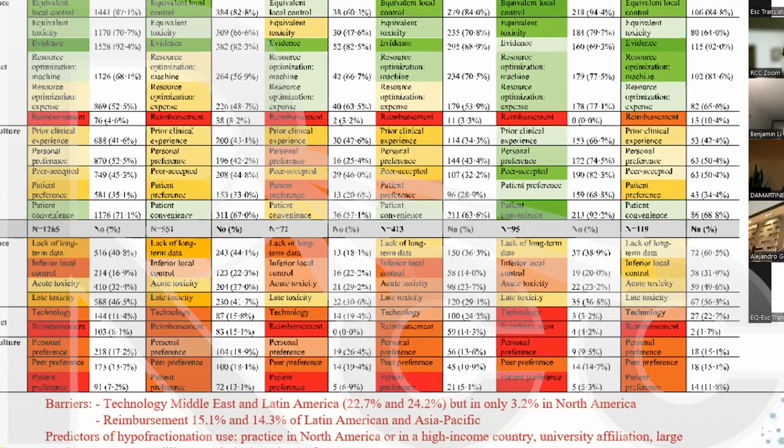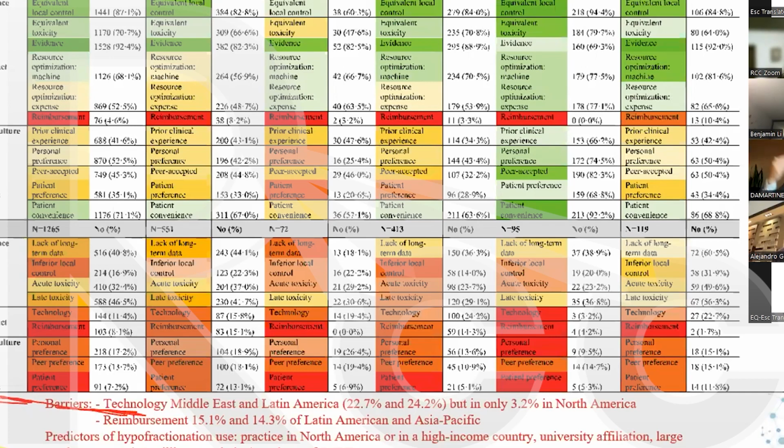If we segment by geographical localization, we see that for LATAM, the technological barrier, not having the ideal technology for this treatment, is an implementation barrier, contrary to the United States, where only 3.2% gave this answer.